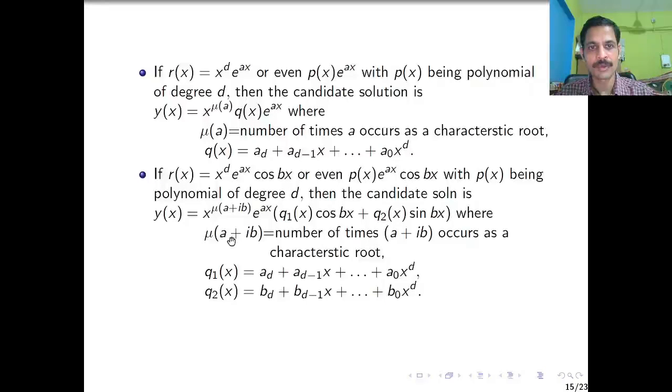Here mu of a plus ib is the number of times a plus ib occurs as a characteristic root.